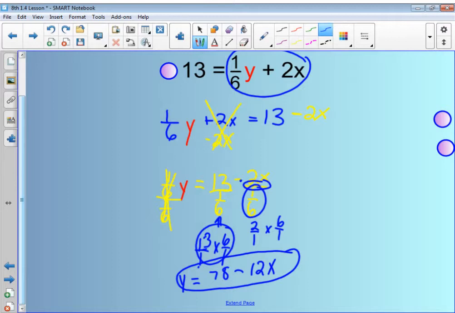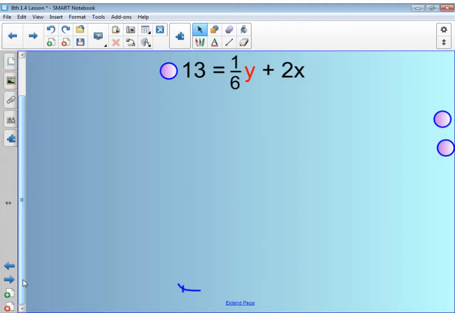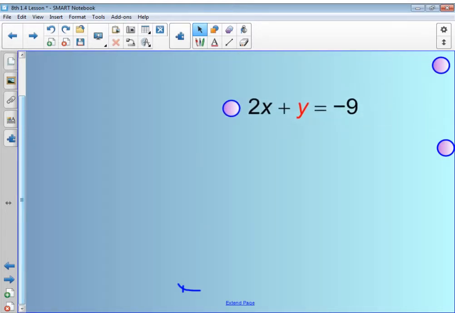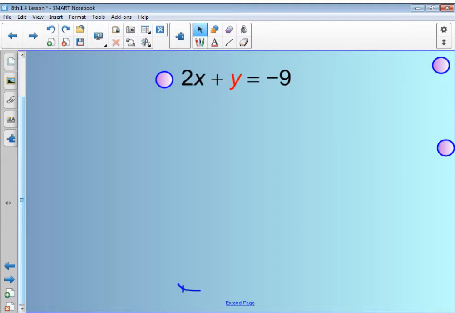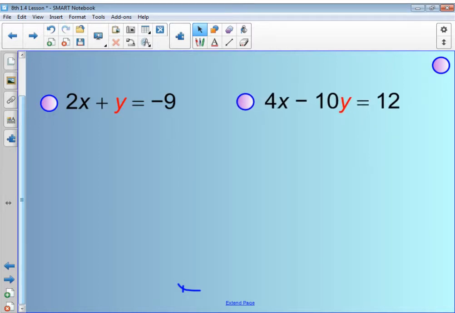Promise you, if you could work through that one with me, the other 2 are going to be pretty easy. So I'm going to pull those 2 out, which are the other 2 that are in your soft cover book. If you prefer to look at page 20 in your soft cover book, you can do that also. I'm going to shift these so that I can have them both out here at the same time. They're just the other 2 in your soft cover book. You're going to work to isolate for y.